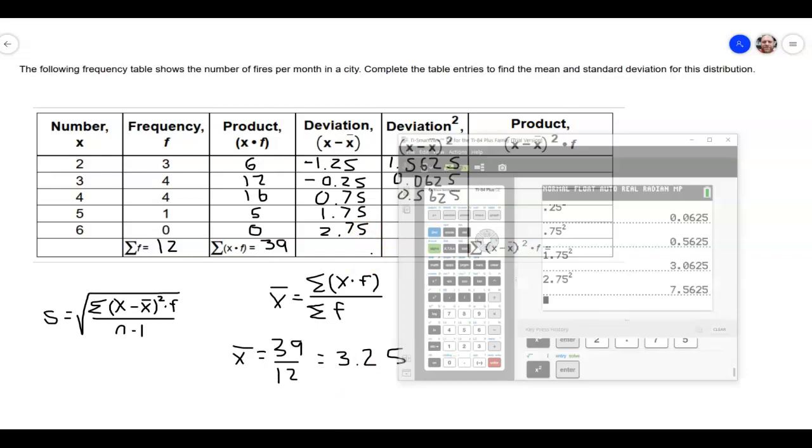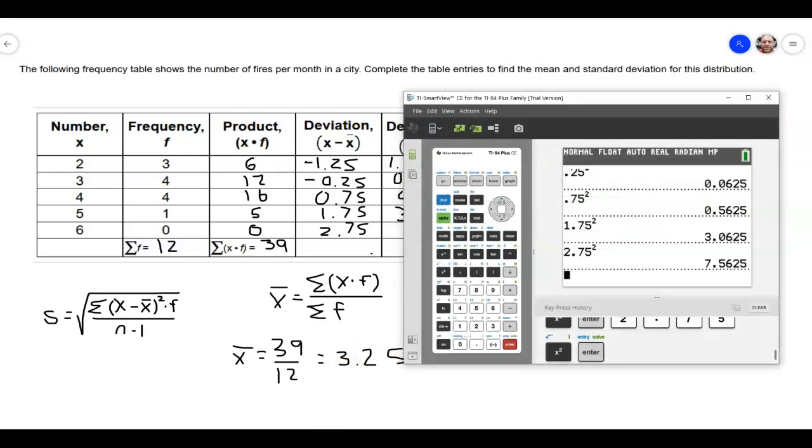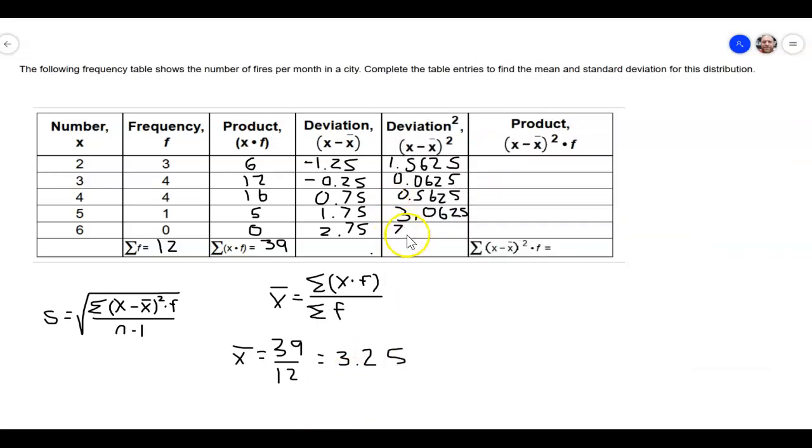And then we've got 3.0625, 0.0625. And lastly, we've got 7.5625.